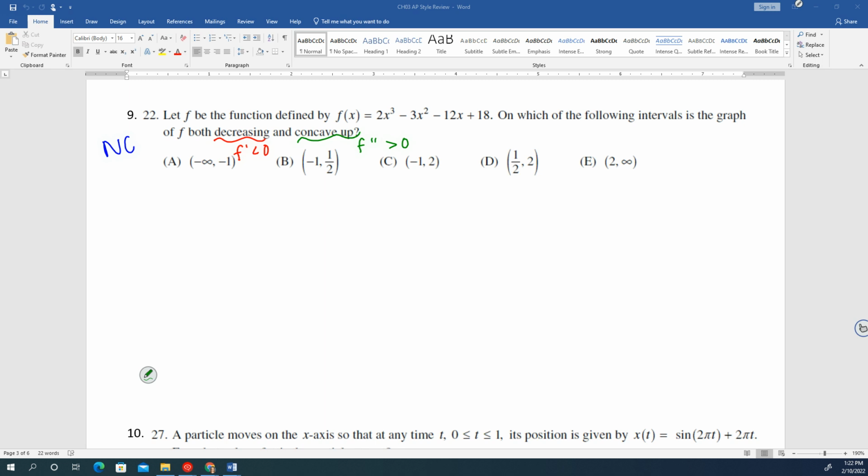So same idea of finding the critical points here, and then we'll make one big sign chart and compare the first and second derivative and see if there are any intervals where the first derivative is negative but the second derivative is positive. Okay, so first derivative, nice easy polynomial.